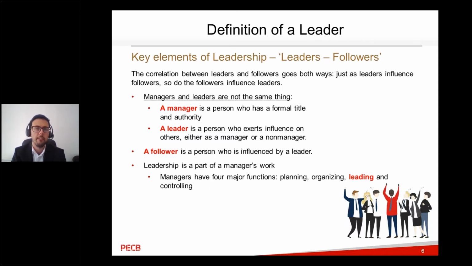A leader can come even from subordinates or from simple employees who have the traits or the energy or some combined personality traits that make a leader a leader. So even though it is expected for a manager to be a leader, a leader can come from everywhere. So it can be either a manager or a non-manager.